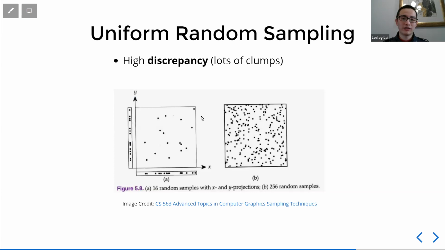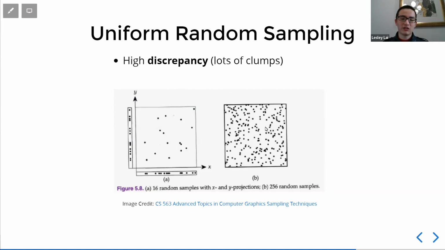Uniform random sampling is what we usually do when we write our first path tracer. We just uniformly randomly sample a bunch of points, but it has very high discrepancy, meaning we have a lot of clumping at some points and also just empty space at other points.